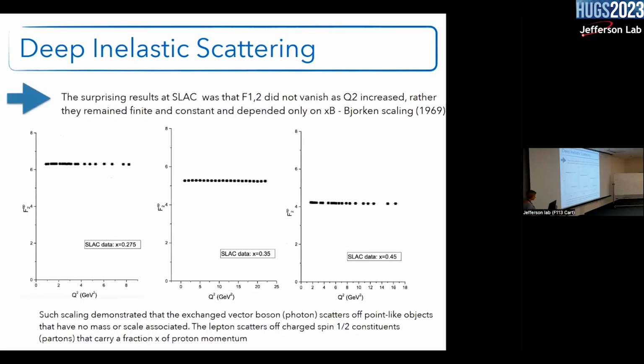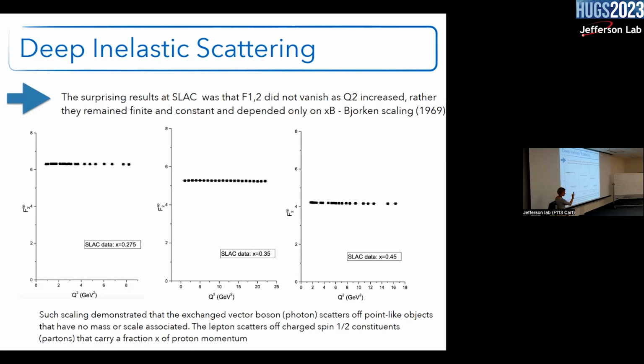But okay, so the surprise was that when they were extracting the F2 bit, that was the SLAC measurement, this was not depending on the Q² scale. Okay, so these coefficients were flat with Q², with the momentum transfer of the virtual photon. Okay, and also the F1. F3 was not there because we didn't have a Z or W exchange. It was only the photon.